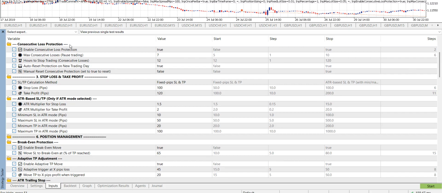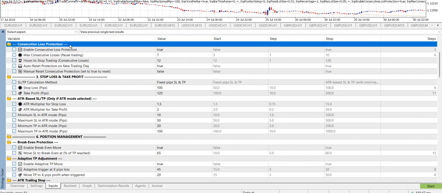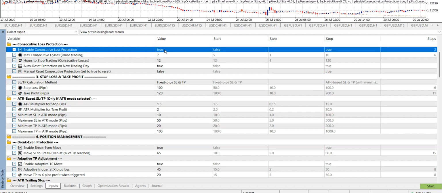So next, I developed this feature for so long, and I think many traders actually waited for this, as I remember, because I was writing down all the different requests and ideas. So it is a consecutive loss protection.